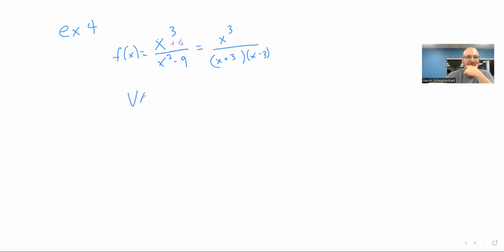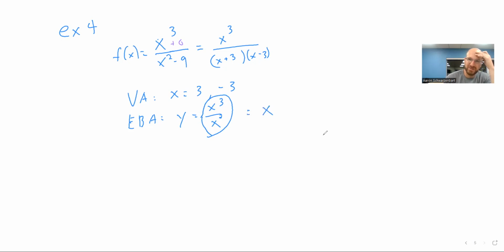So, vertical asymptotes. 3 and negative 3. End behavior asymptote. Y equals x cubed over x squared. This is not an exact end behavior asymptote, but it will get me close. We'll show how to get an exact one later.